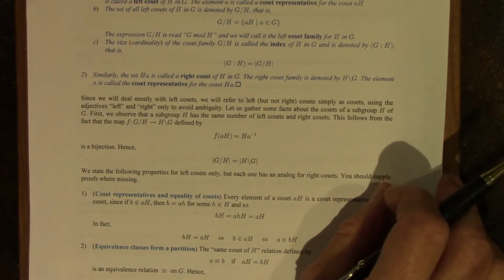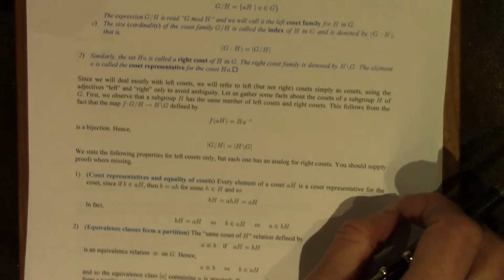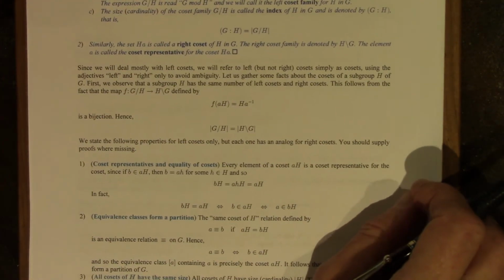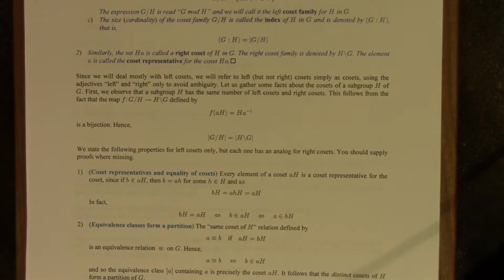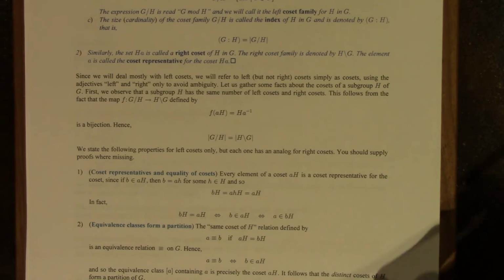In fact, we're going to deal primarily with left cosets, and so we will refer to a left coset simply as a coset. If we want to talk about right cosets, or if we're talking about both kinds of cosets, we'll use the adjectives left and right in order to avoid any misconceptions.